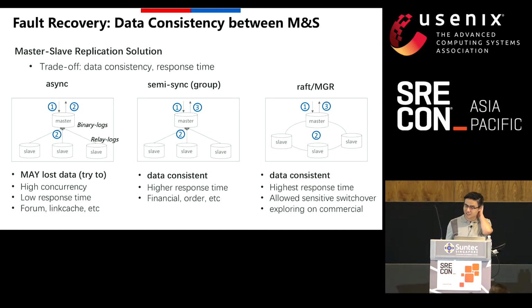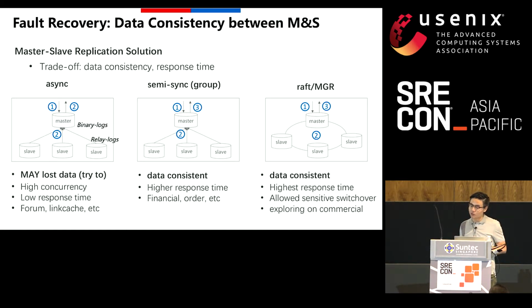The data consistency between master and slave in fact depends on the replication solution. Now, there are three popular ones. The traditional one is async. The master returns the result if it writes successfully. The slave retrieves data from the master with the binary log asynchronously.